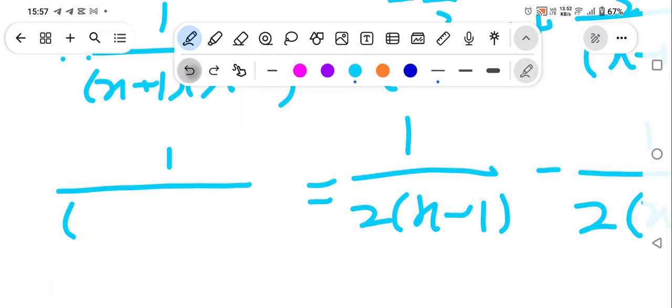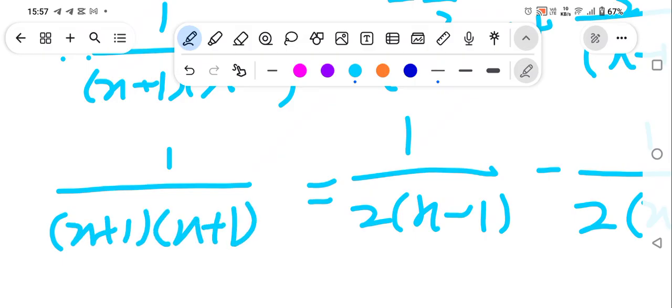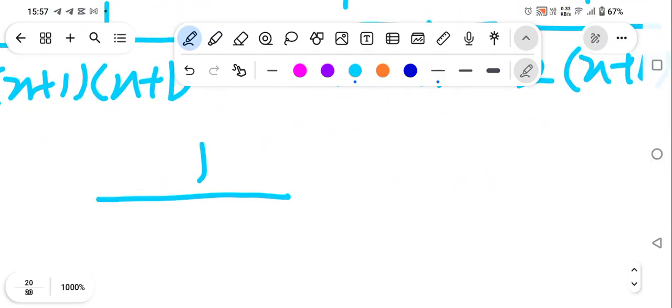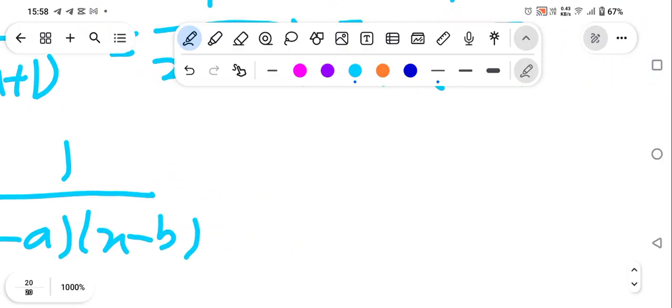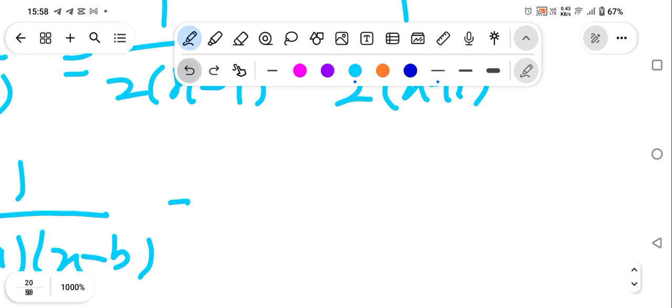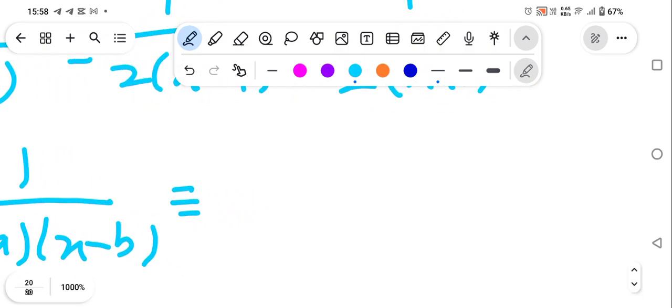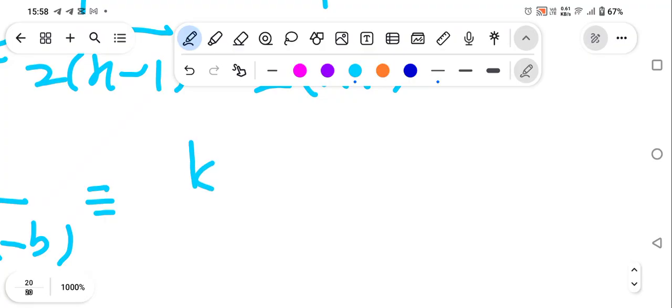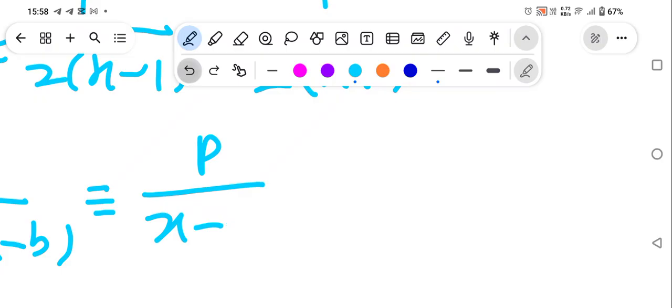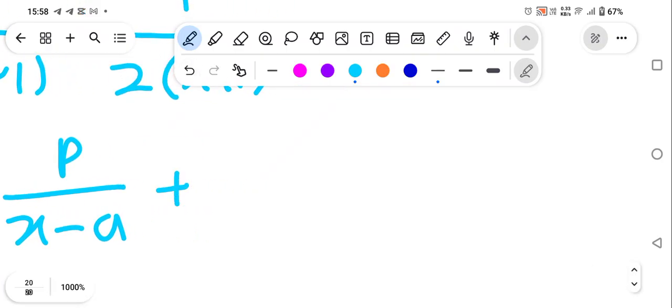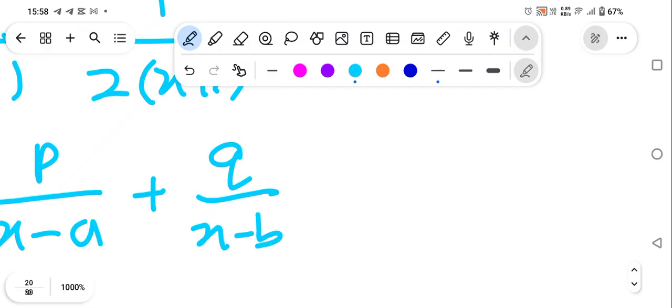So what's the usage of this? Well, it'll allow us to make integration much easier, and it can also help us solve some problems. So what I'm going to do now is a general form of this. Let's say we have 1 over x minus a times x minus b, and I want to write it in terms of p over x minus a plus q over x minus b.